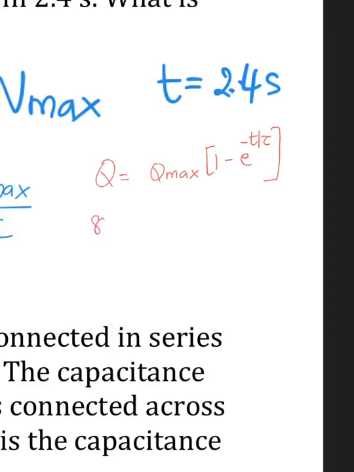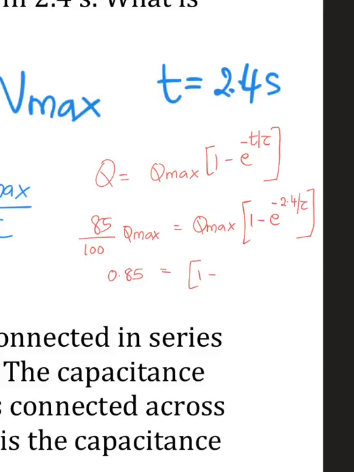So we have got 85 over 100 Q max equal to Q max times 1 minus e to the power of negative 2.4 over tau. We want to find tau here, and this is an easy calculation using a calculator. Q max cancels from both sides, and I've got an equation for tau which I can solve.